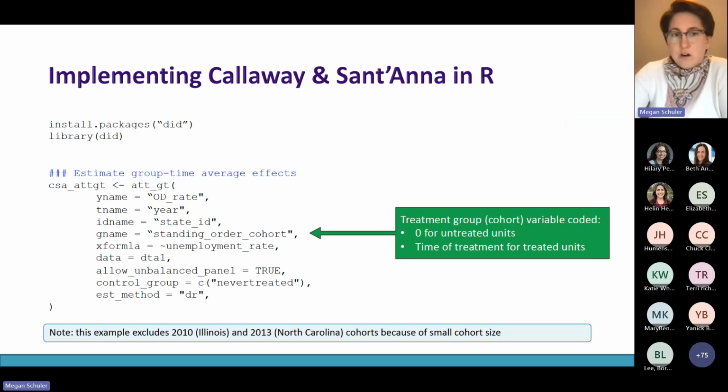So here our treatment group variable is coded as a cohort. So the untreated, never treated states get a 0, and then for the treated states, this variable is actually coded as the year of policy adoption.